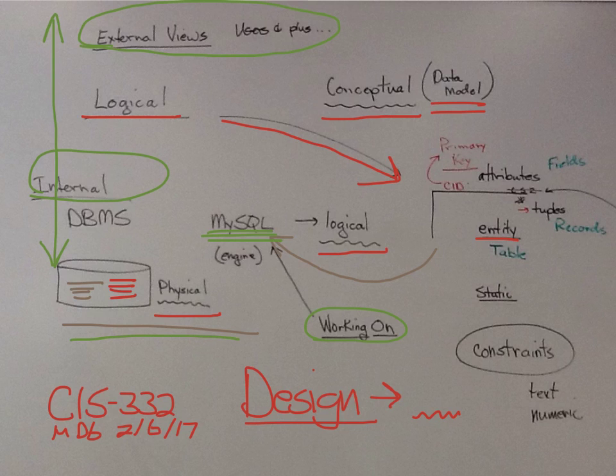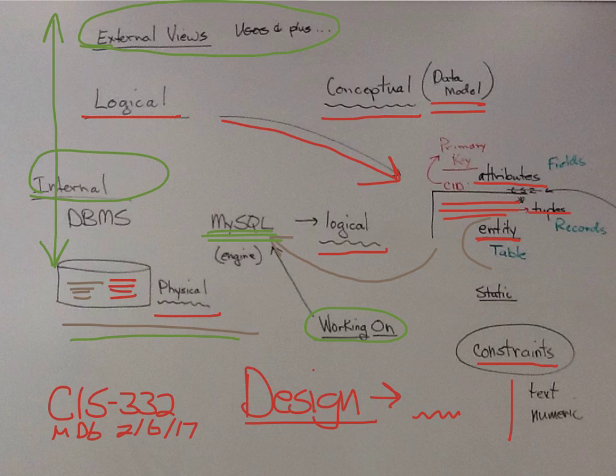So a few more items that we're going to talk about today. We talk about constraints. What constraints do we put on the attributes? Again, the attributes define the entity. And then in here we have records or tuples. So we have a variety of terms.